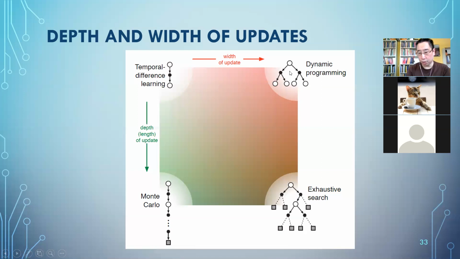The other thing you could do is go all the way down to the lower right-hand corner. What if you did wide and deep? Well, that's not a particularly interesting algorithm. That's just exhaustive search. If you did dynamic programming, but instead of just going one step ahead, you went infinitely deep until you got to every terminal state, that would be exhaustively searching every possibility.